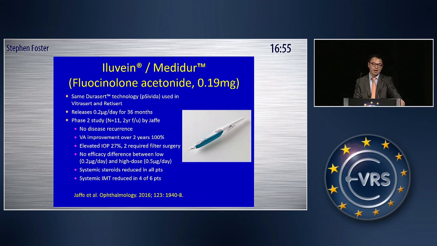It's basically just a lighter version of Retisert that doesn't have as much glaucoma and cataract complication. I mean, cataract ultimately you're going to have, but I think it's less likely to have glaucoma because it's a slower, lower dose release. And we have seen very good outcomes in people who get Iluvien for posterior or panuveitis.